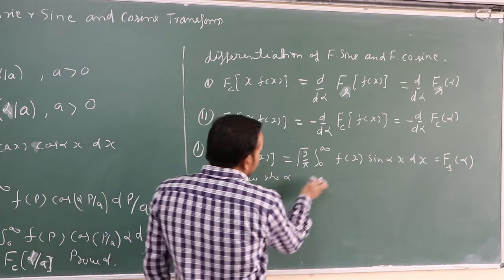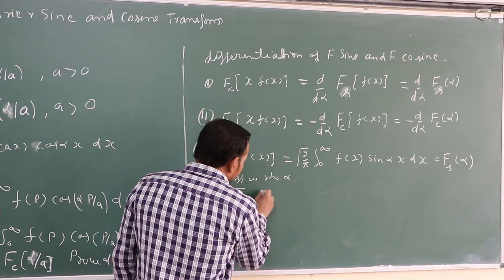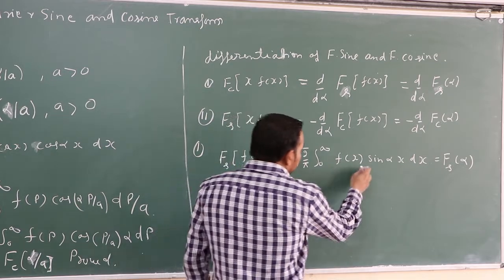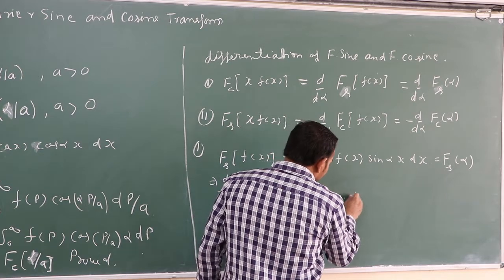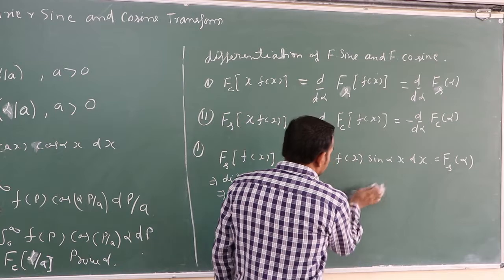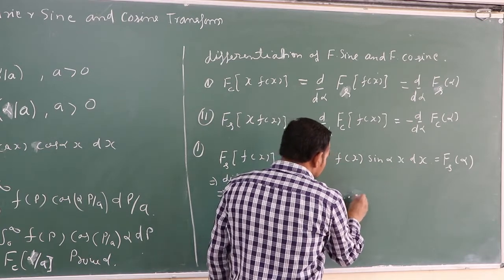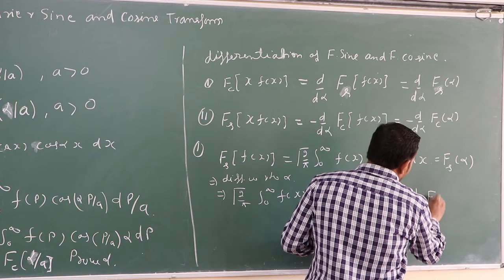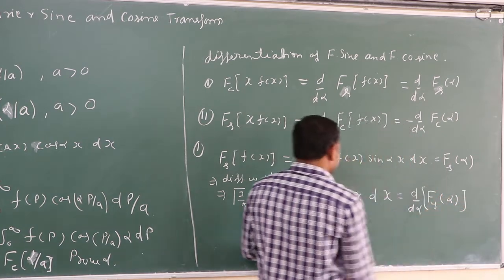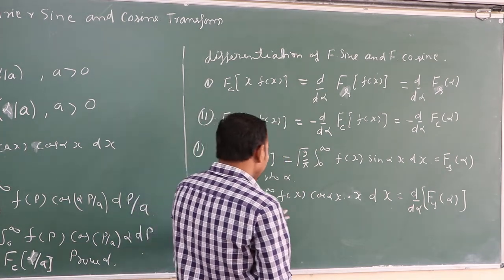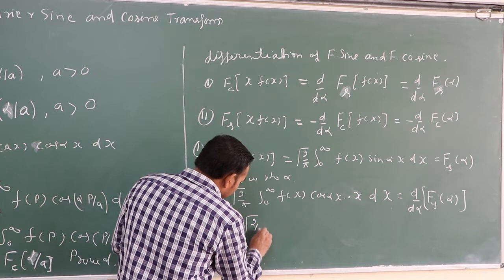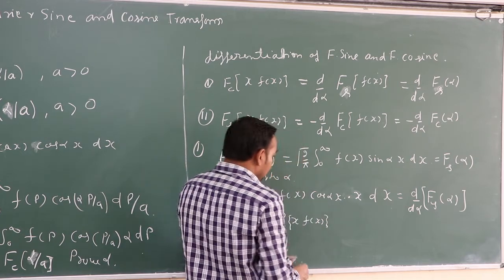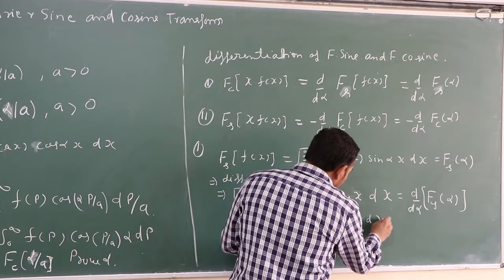Simply we can write root 2 upon pi integral 0 to infinity, differentiating f(x) sin alpha x with respect to alpha, we get cos alpha x times x, dx, and this is d upon d alpha f_s(alpha). So this can be written as root 2 upon pi integral 0 to infinity x f(x) cos alpha x dx.